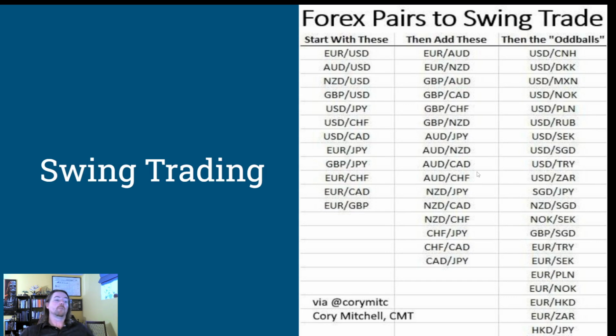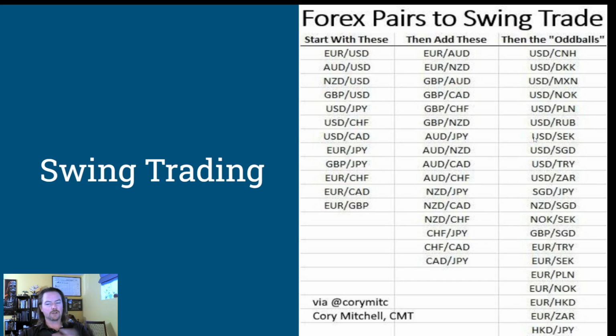They may be moving like 1,000 pips a day, which is way more than the euro US dollar, which typically moves 70, sometimes up to 100 pips a day. But the pip value might be only like 10 cents on a standard lot or $1 on a standard lot, whereas with the euro US dollar, each pip of movement is $10 US per pip. So these can just vary drastically.